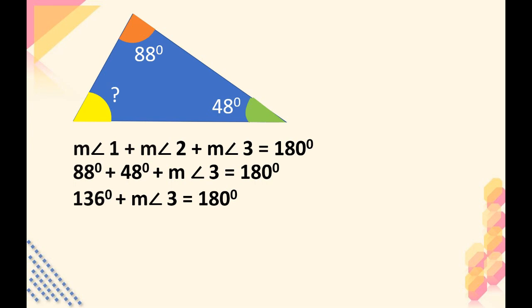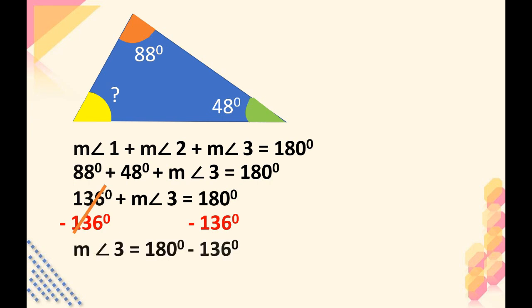Applying addition property of equality, let us add negative 136 degrees to both sides of the equation. Positive 136 plus negative 136 is equal to 0. That is why the measure of angle 3 is equal to 180 degrees minus 136 degrees.